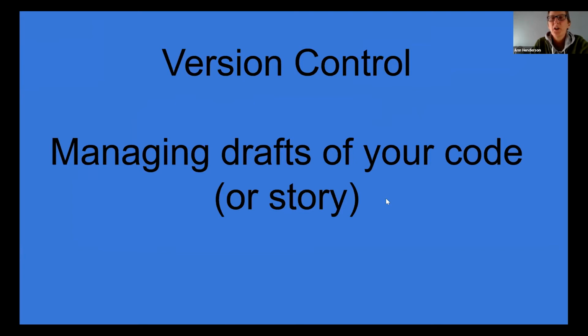Okay, so version control. That is the problem that we were trying to address. That was the problem in the first movie where it was just me, and it was the same problem with the team. We were trying to manage our drafts or versions of our code or the story in my example.